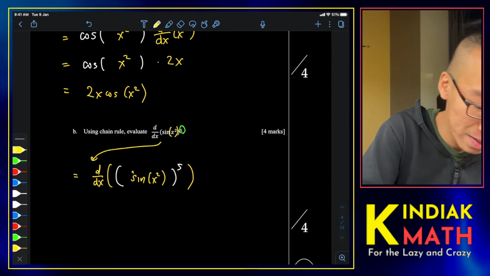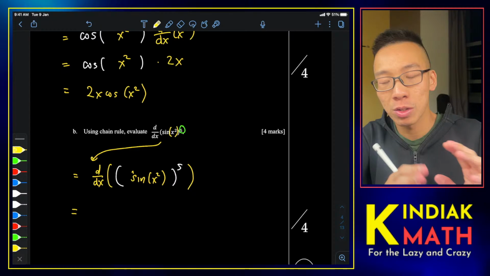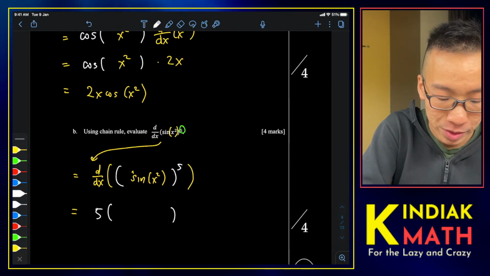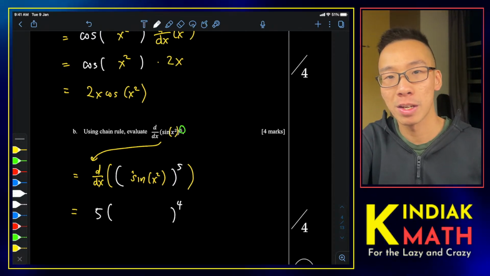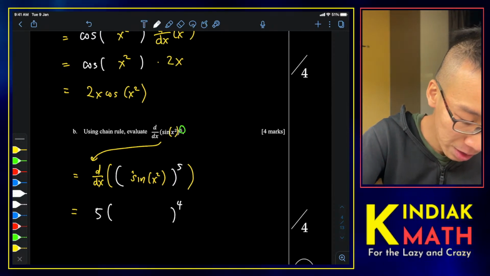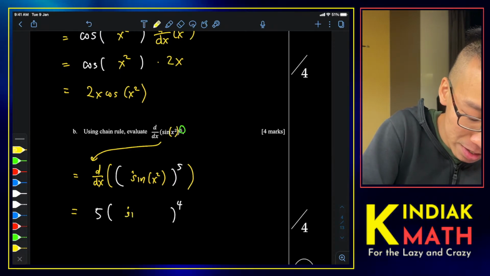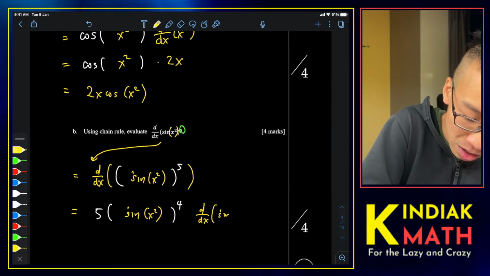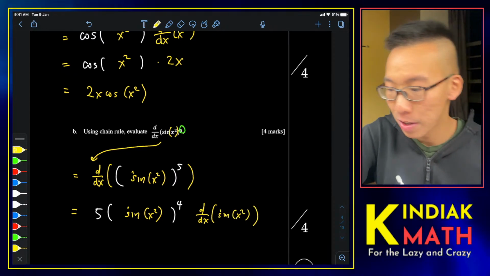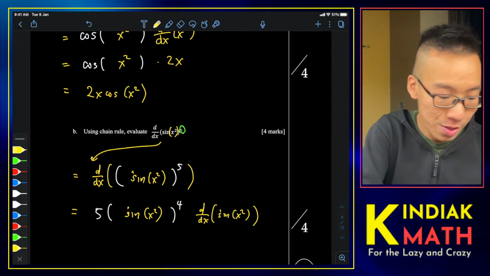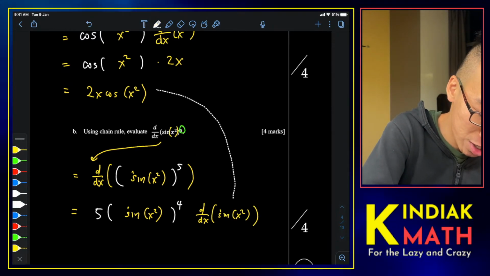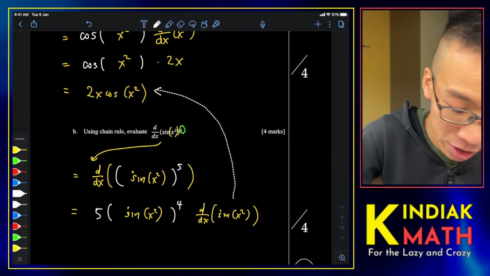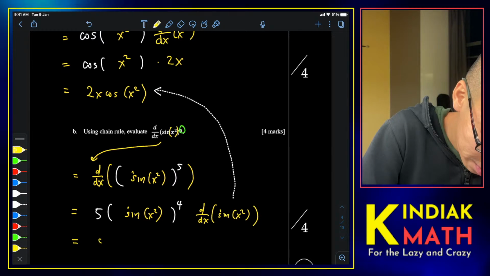So the outer layer is the power 5, and to differentiate the fifth power, that would be to bring the 5 down and decrease its power by 1. From that, we will copy and paste the inside and differentiate this expression. Now, if you recall, this was basically the exact same expression as this guy over here, which means that we can just duplicate the answer.